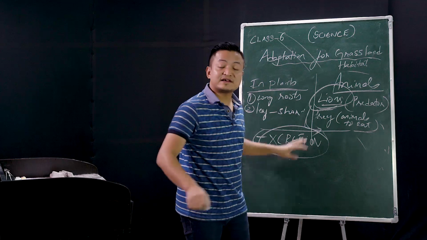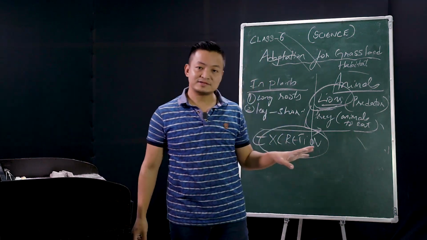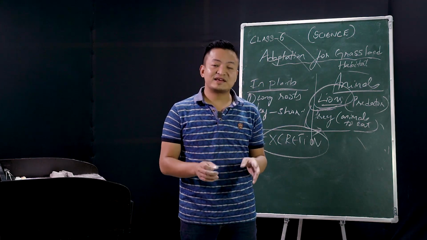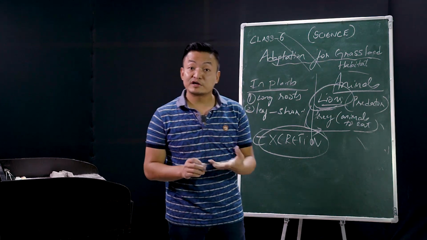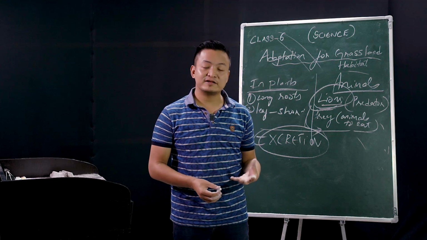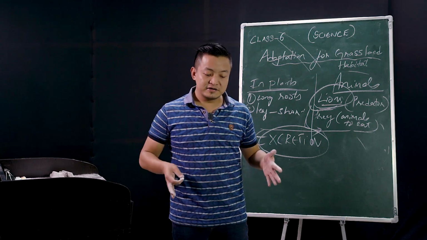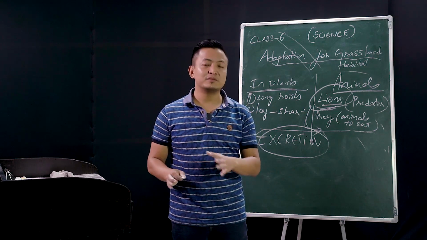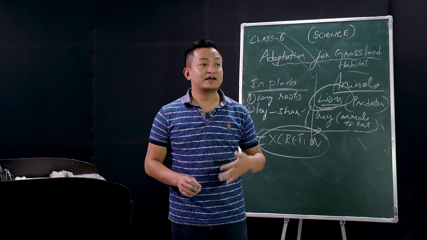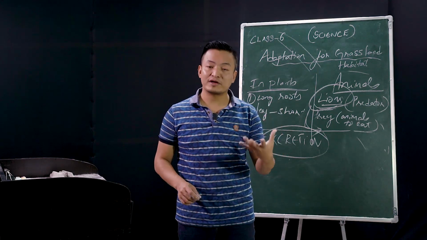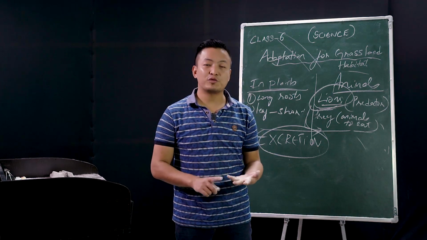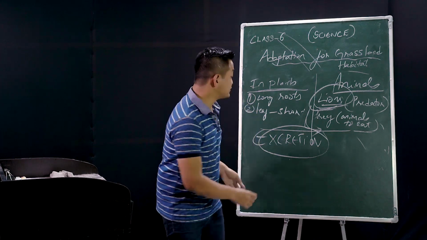Now, do you think this excretion happens in plants? The mechanism inside the plants is very different. Okay, so some plants store the waste for a long time without harming them. Clear? And some plants throw the waste in the form of secretion.